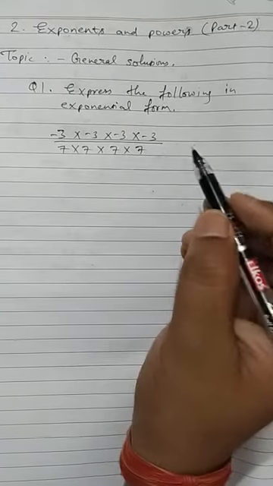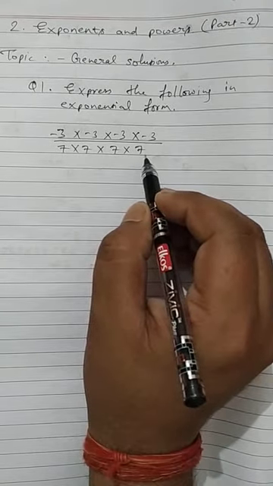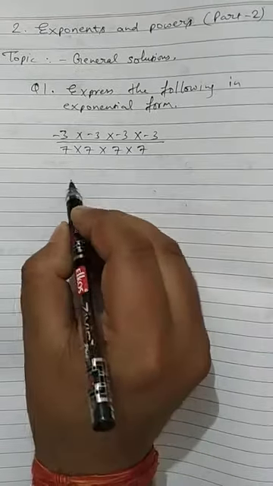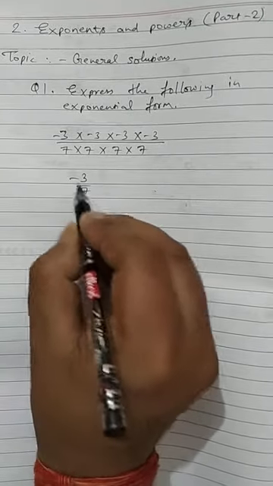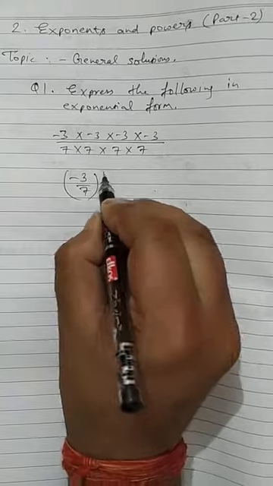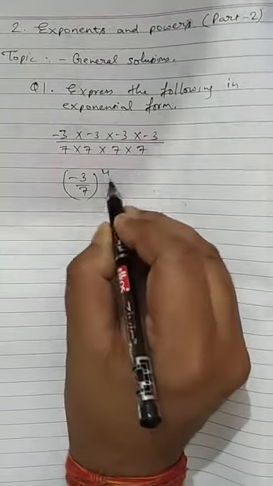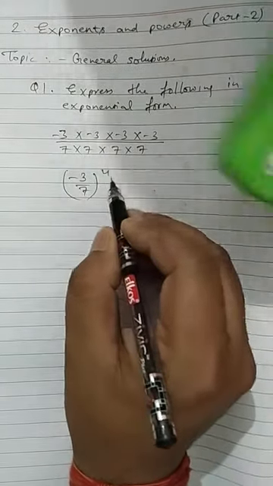Minus 3 is repeated here 4 times and 7 is also repeated 4 times in the denominator. So our answer will be minus 3 upon 7 raised to the power 4. This is called the exponential form because 4 here is the exponent.